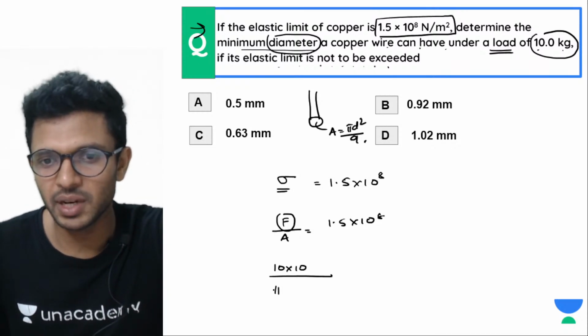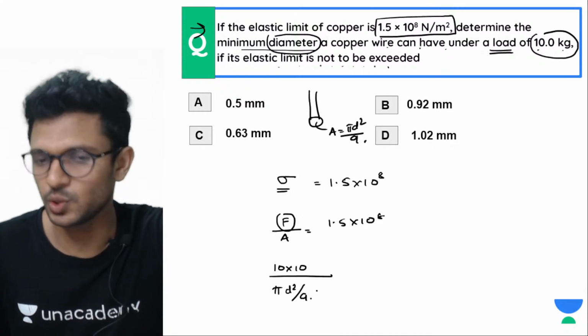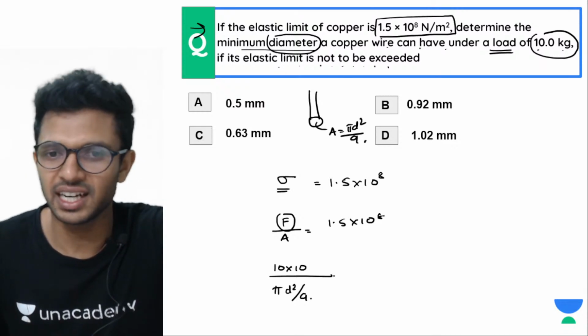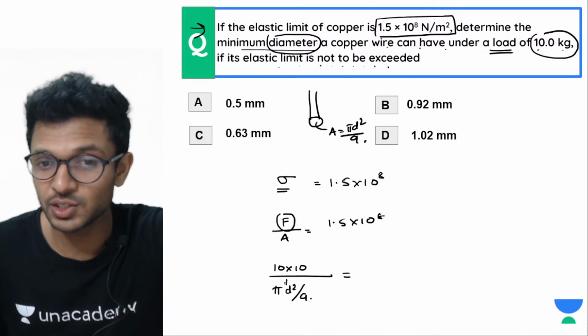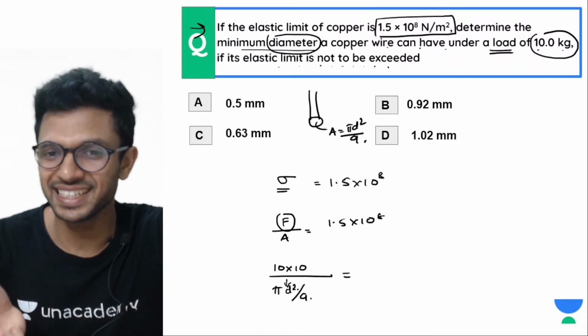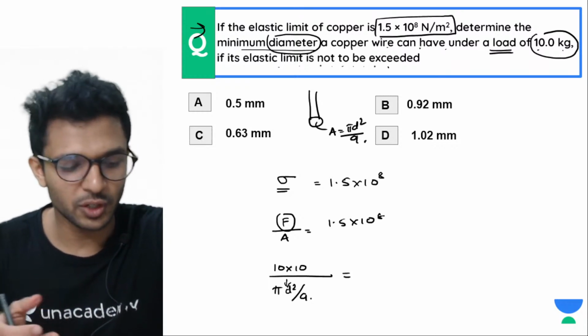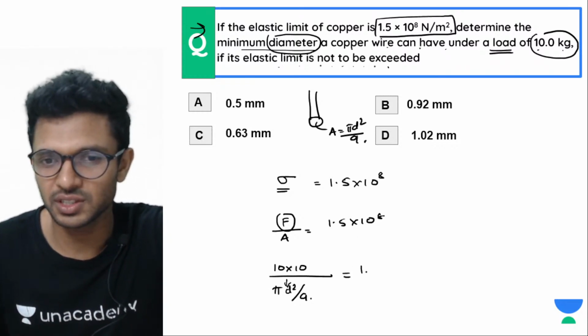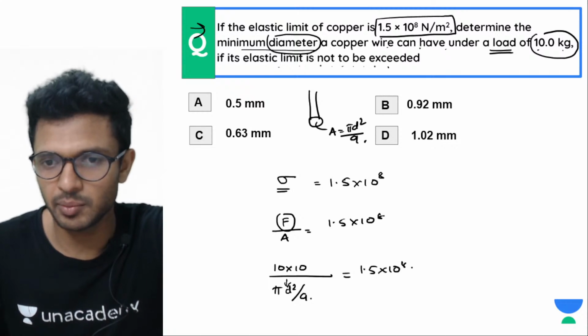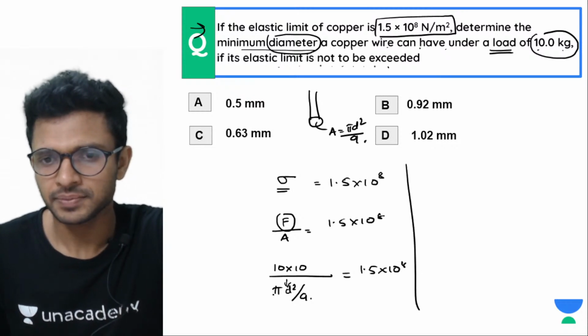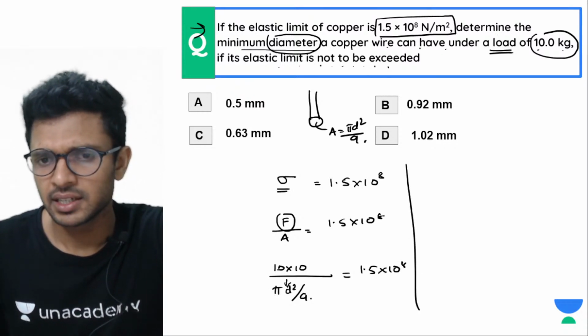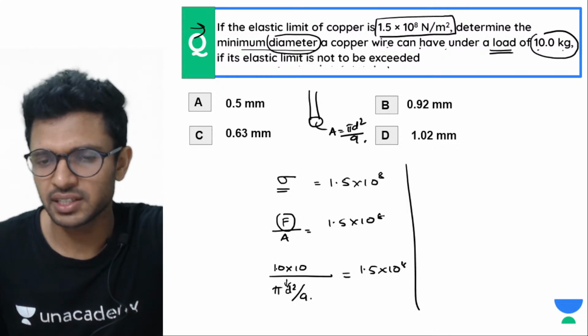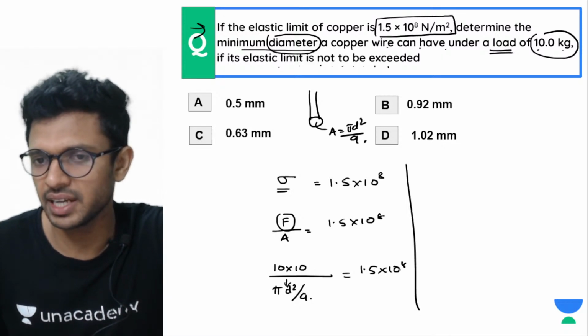So what is the formula for area, my children? Pi d square by 4, right? Done. Now you all understood how d can be found out. Just express sigma in terms of force by area and you get the answer. So this is 1.5 into 10 power 8. Then just rearrange, that's all it is. So 10 into 10 is 100, and 10 power 8 is there.